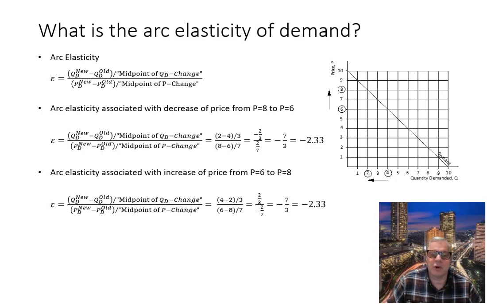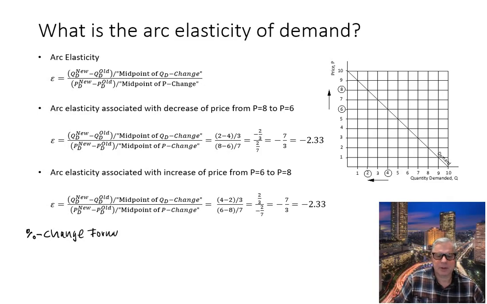Okay, so when we use the percentage change formula, what we do is we essentially have the new value, I call that n, minus the old value over the old.